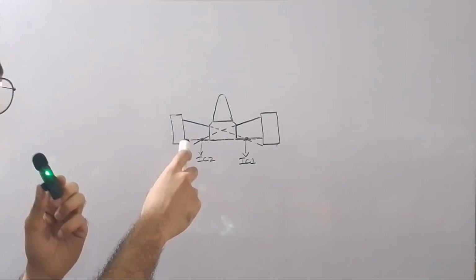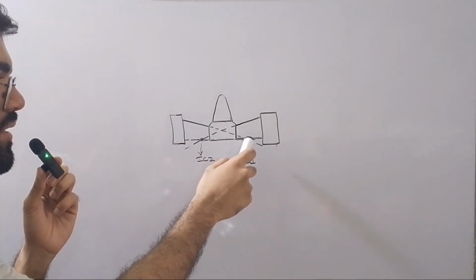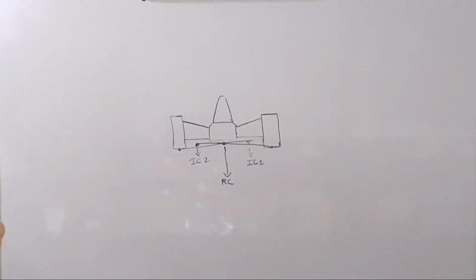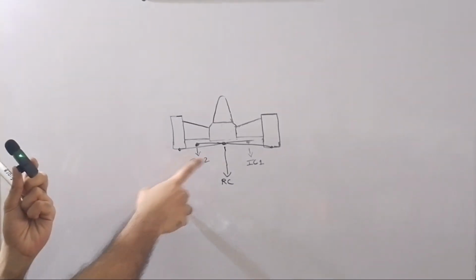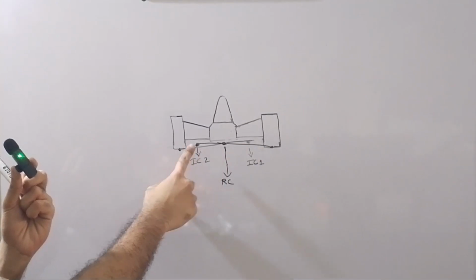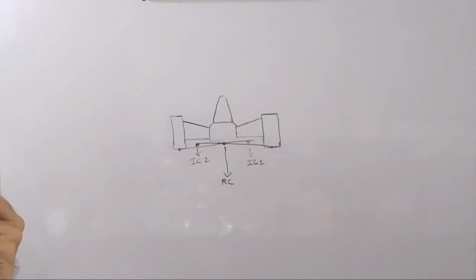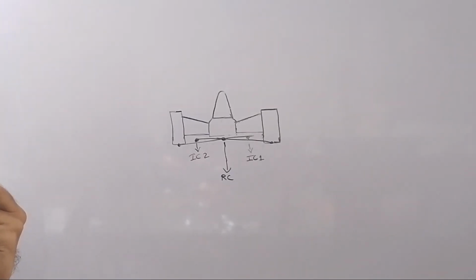For this side of the car, the instant center is this. And for this side of the car, the instant center is this. Now I've cleaned this up a little bit and extended the lines from the tire contact patch towards their respective instant centers. And the intersection of these two lines is the roll center.